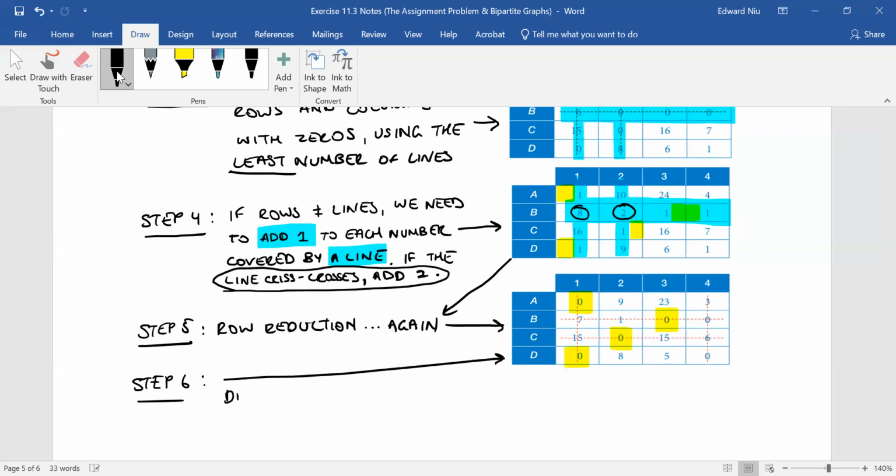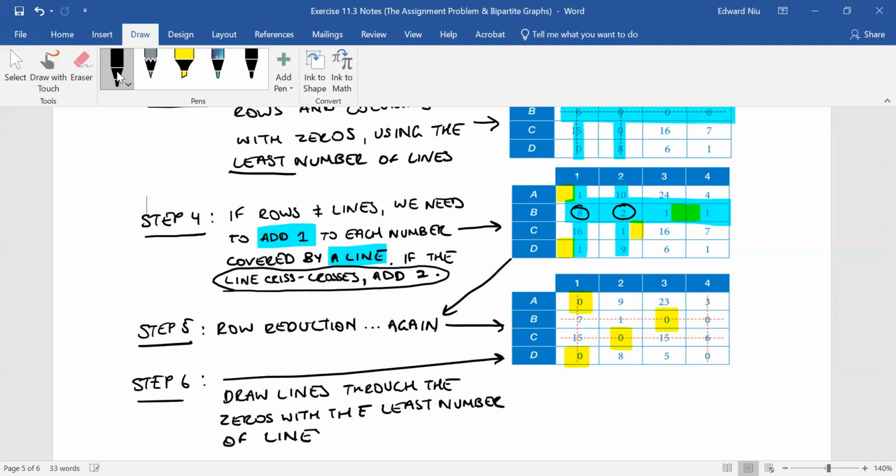So draw lines through the zeros with the least number of lines.